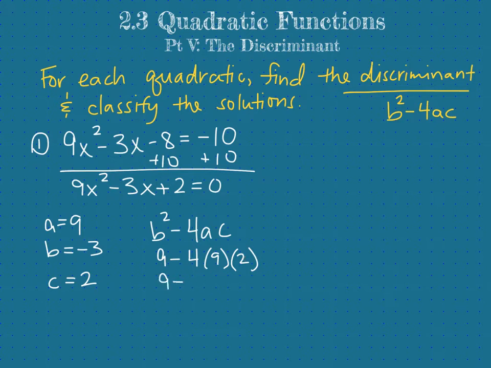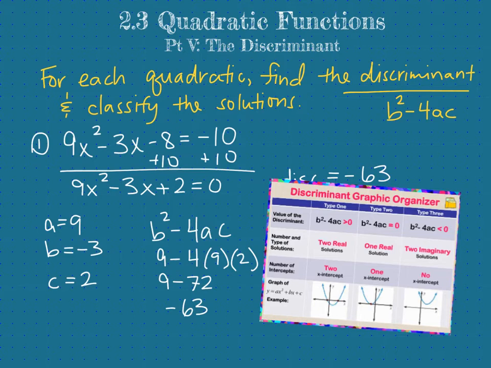So I'll have 9 minus something. 4 times 9 is 36, and 36 times 2 is 72. And then 9 minus 72 is -63. So our discriminant, which we can abbreviate DISC, is -63.